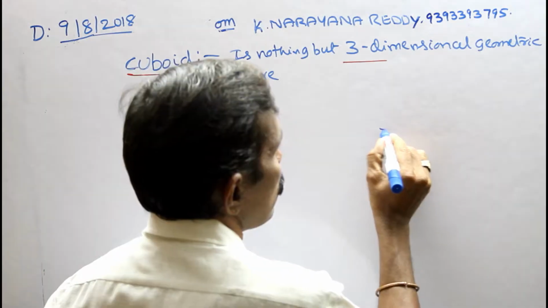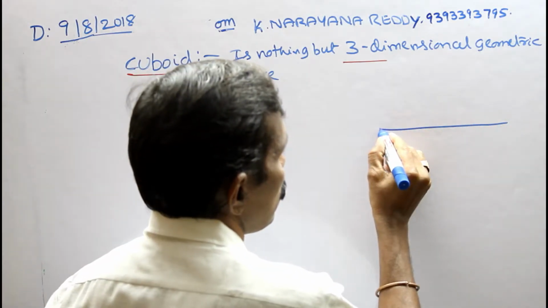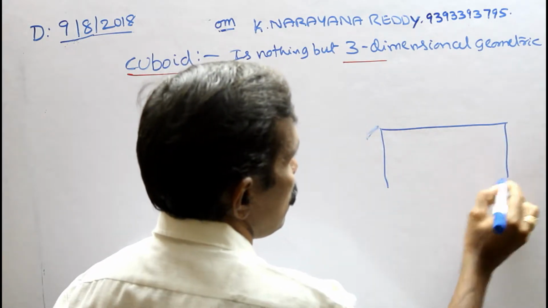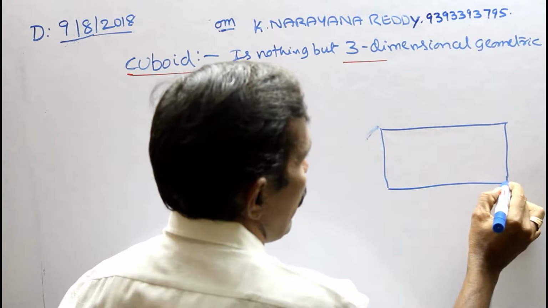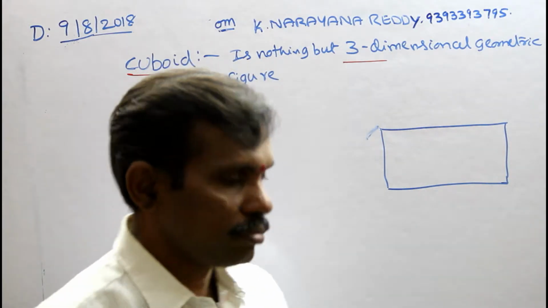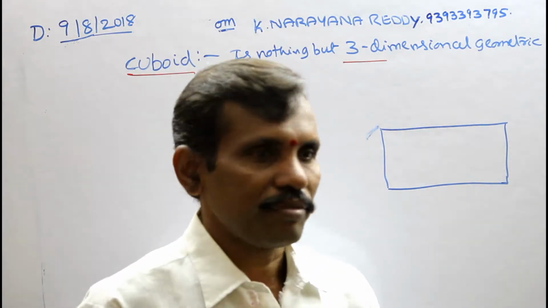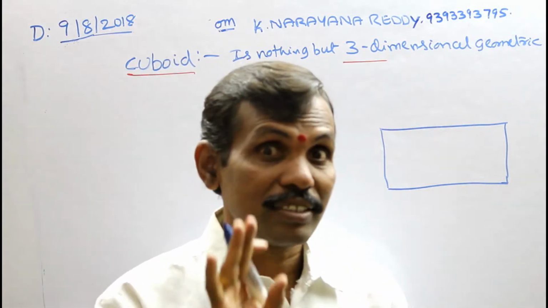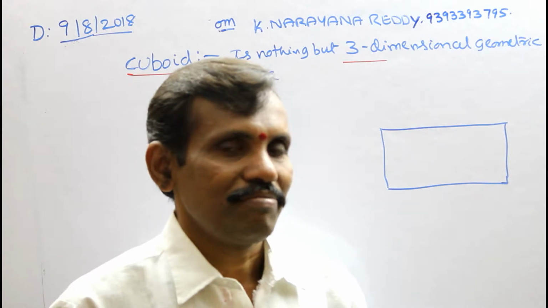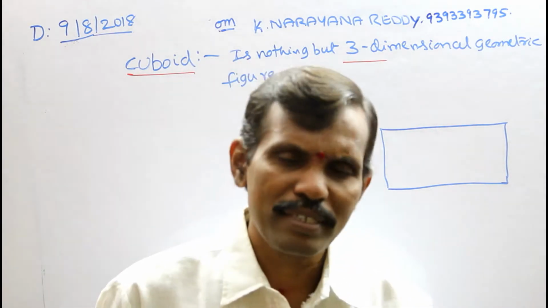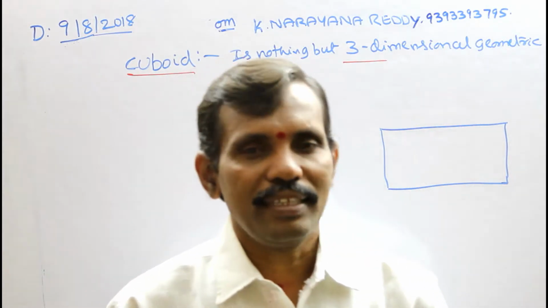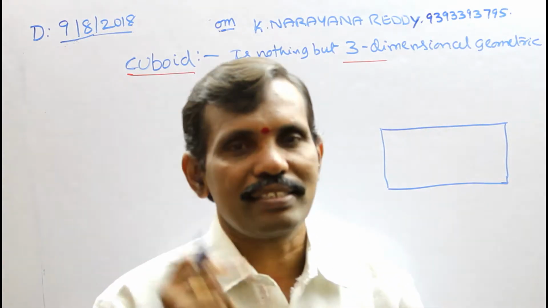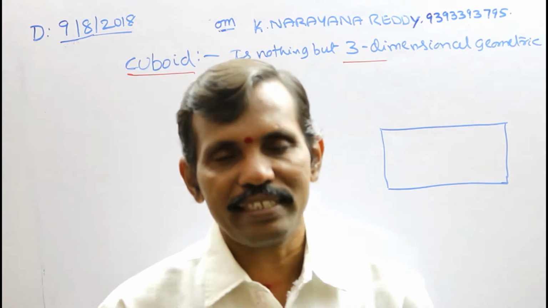Take a figure. Actually, this is a rectangle, which is two-dimensional. Because what is two-dimensional, what is three-dimensional? Two-dimensional is nothing but which contains only two measurements, that is length and breadth.